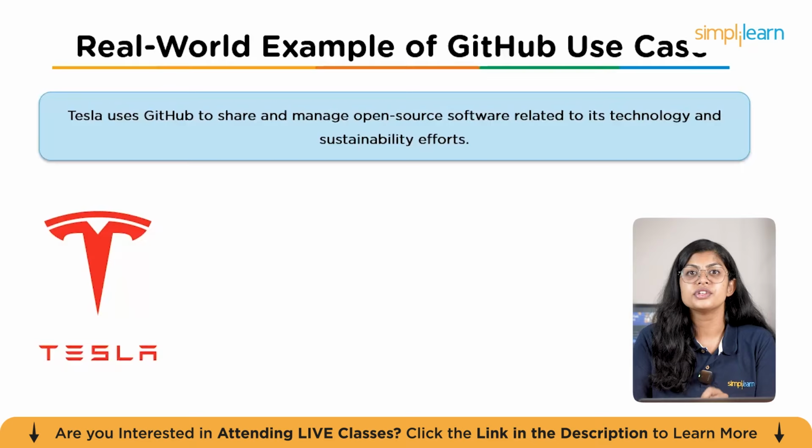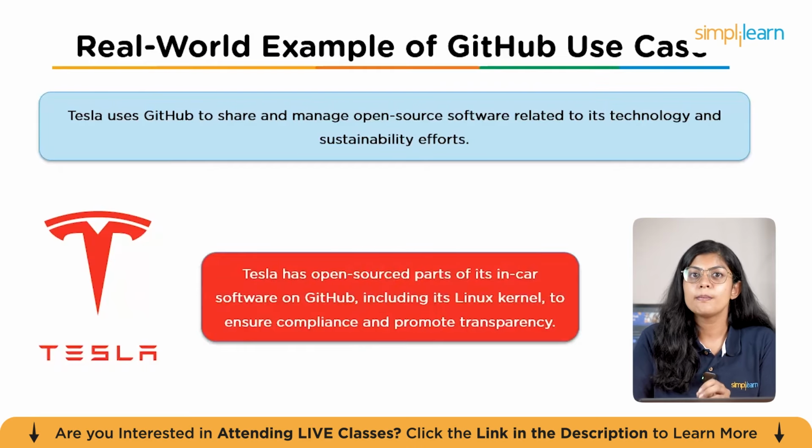For example, Tesla has released parts of its autopilot and Linux-based in-car system under open source licenses on their Tesla Linux repository, which provides source code for the Linux kernel used in their vehicle information system. By using GitHub, Tesla complies with open source license requirements, collaborates with the global developer community, and demonstrates transparency in how some of its vehicle software operates.